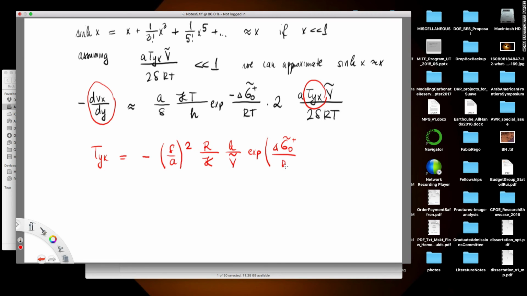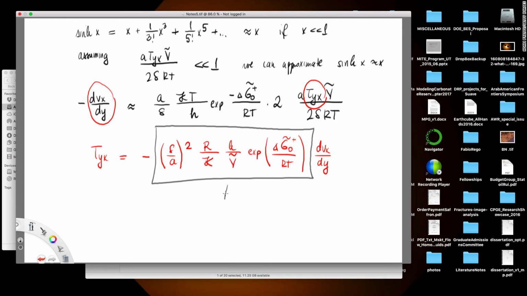I put it from the denominator up, and dvx dy. And it's this that is my viscosity term that doesn't have any velocity terms in there, just some sort of stuff that is related to the fluid and the condition it's in.